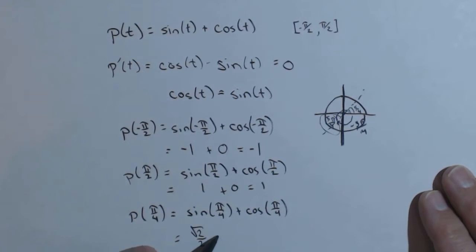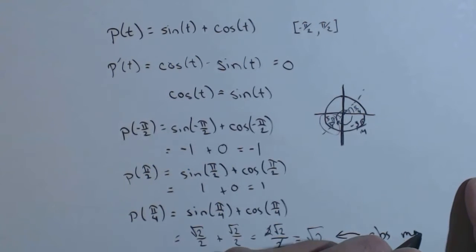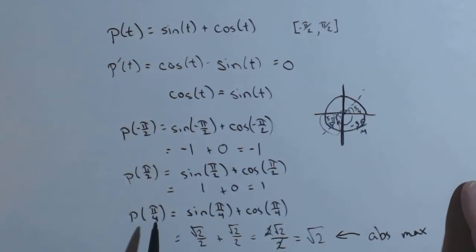Sine is rad 2 over 2, and cosine is also rad 2 over 2, which gives us 2 square root of 2 over 2. Those will cancel, and we get square root of 2, which is greater than 1. So this is our absolute max, and its location is at pi over 4. So the absolute max is rad 2, and where it happens is at pi over 4.